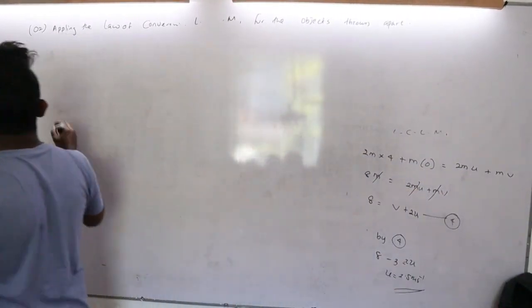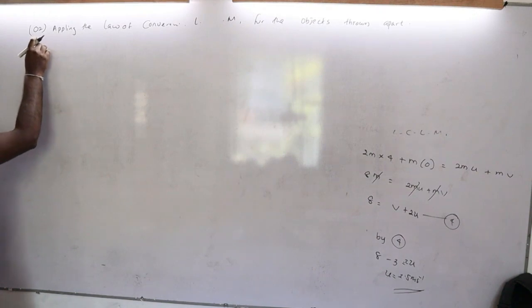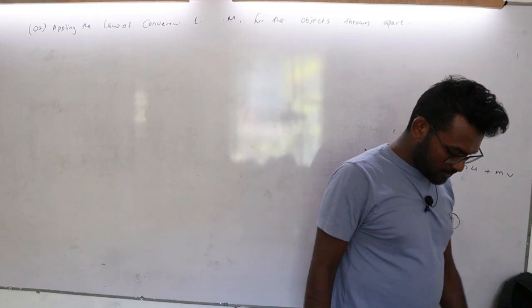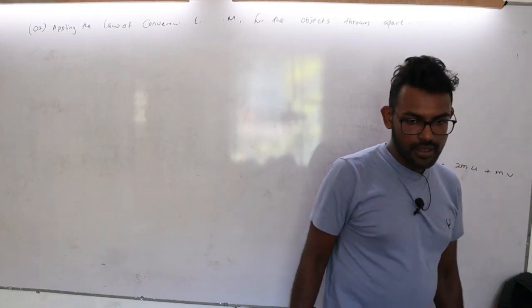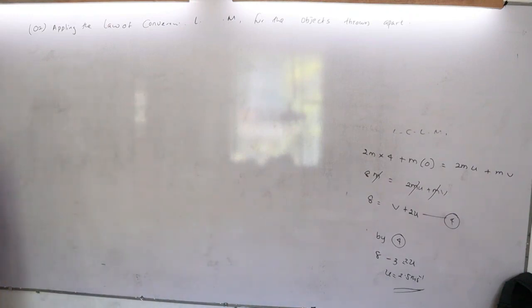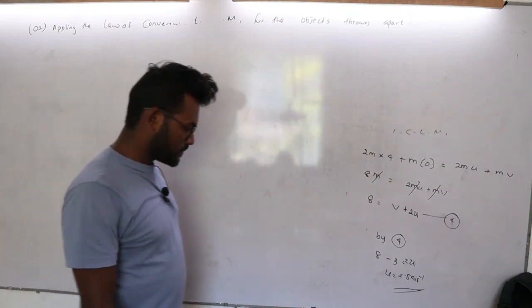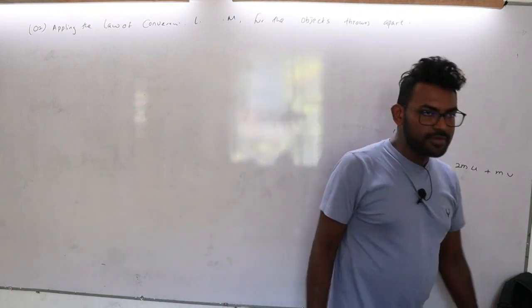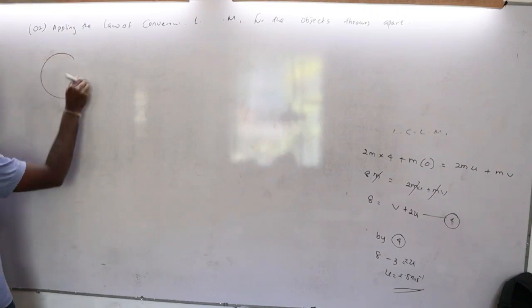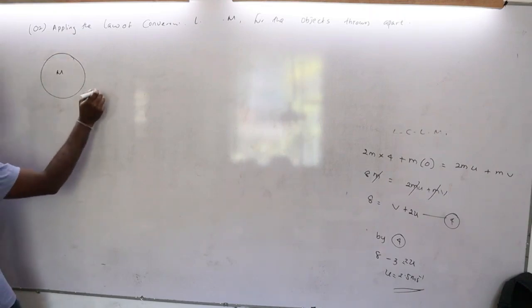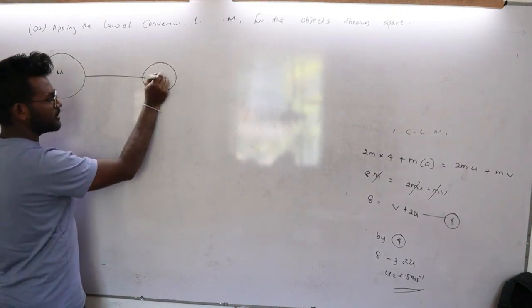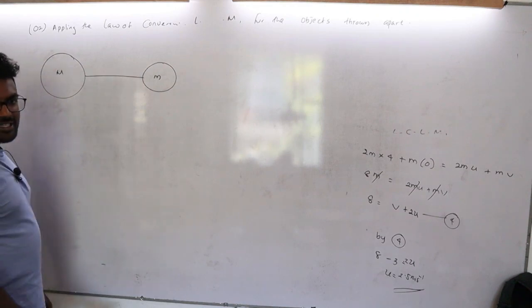Consider two masses, capital M and small m, attached by a string, compressing a spring at the middle.